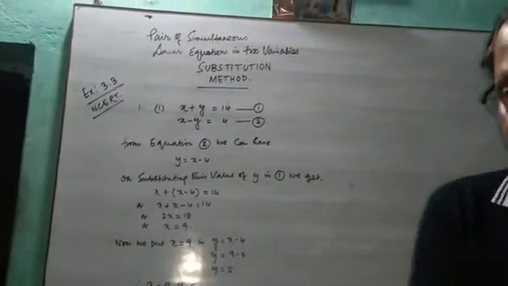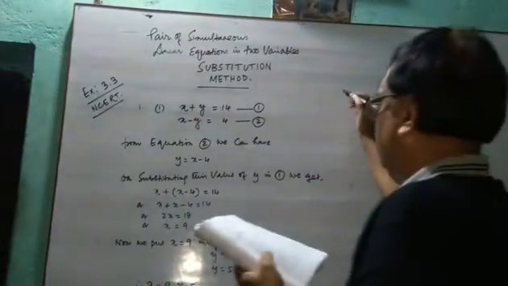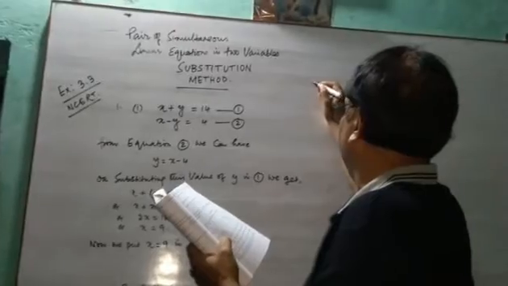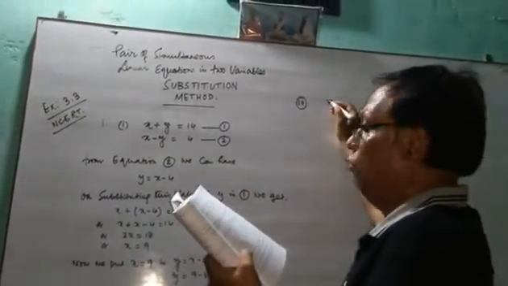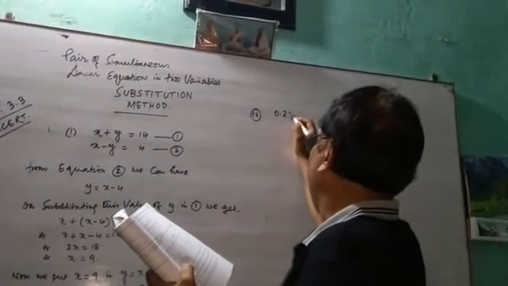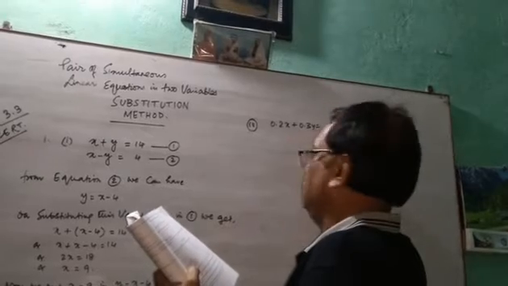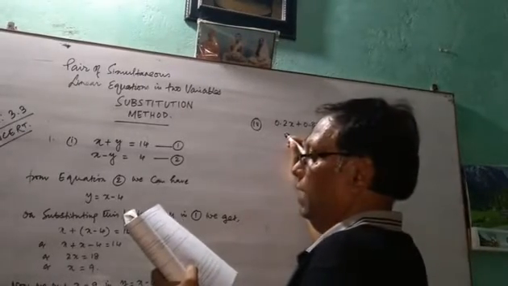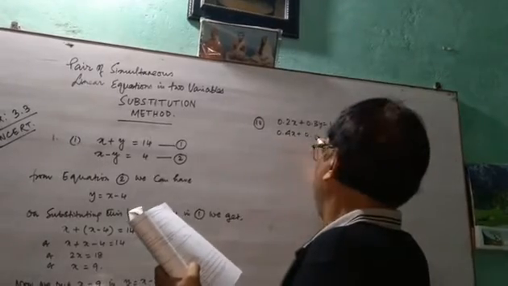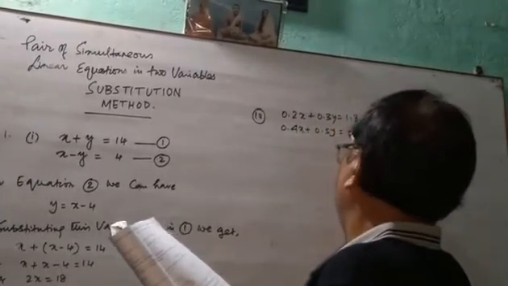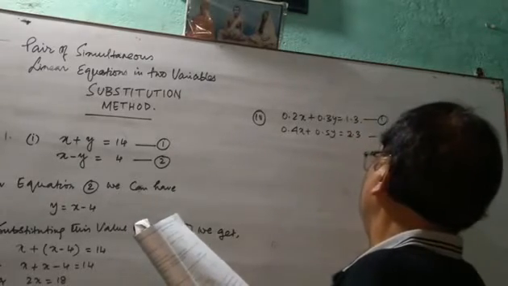Next one, second question that we will do. I know a lot of you may face a problem in this very question of 4: 0.2x plus 0.3y is equal to 1.3 and 0.4x plus 0.5y is equal to 2.3. This is your 1 and this one is your 2.